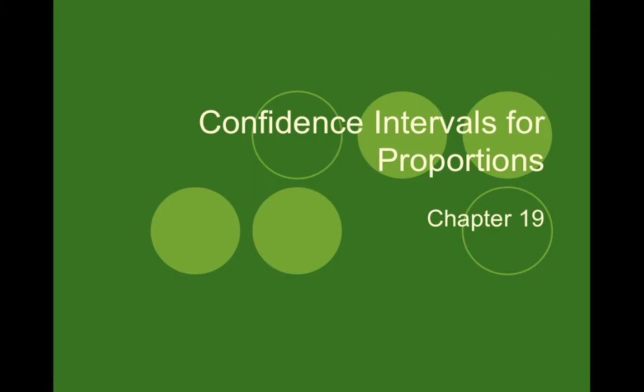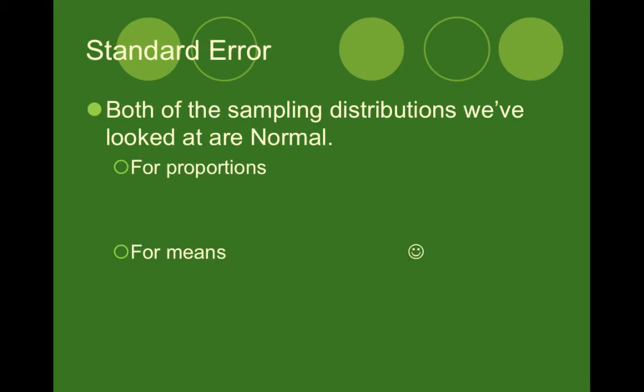Before we get into talking about confidence intervals, though, I want to talk about standard error. If we recall from chapter 18, standard error is actually standard deviation that's based off of an estimate. We learned again in chapter 18 that both the sampling distributions we've looked at are normal, and for proportions, the standard deviation is the square root of PQ over N, and for means, the standard deviation is sigma over the square root of N, where sigma is your population standard deviation, and P is your population proportion.